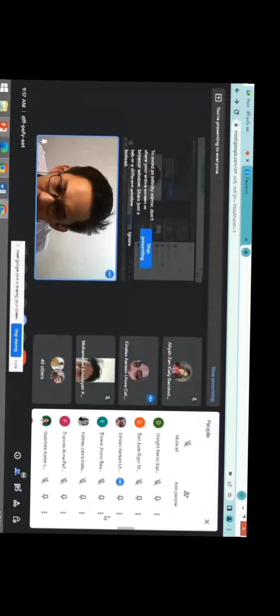Primary mandibular left incisor. Come again. Primary mandibular left incisor. What incisor? Central or lateral? Lateral. Okay. Thank you. Thank you, Doc.